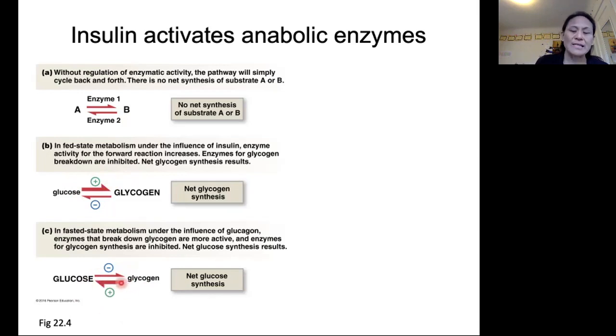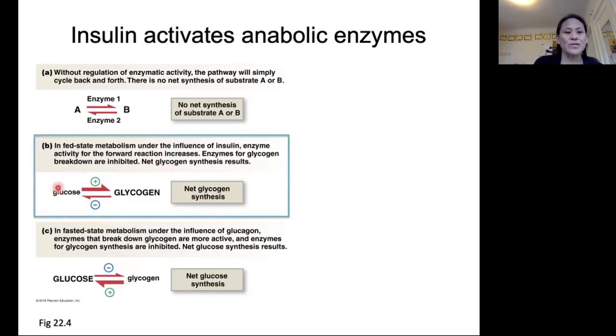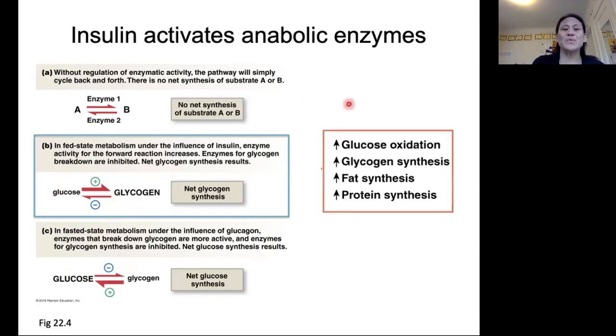So in this case, the breakdown of glycogen to glucose. Okay. So in the presence of insulin, we are going to want to make more glycogen. We are also going to want to stimulate pathways that favor anabolic processes: glucose oxidation, glycogen synthesis, fat synthesis, protein synthesis.